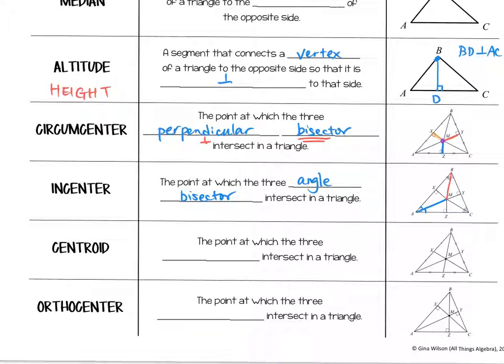That's cutting angle B in half. And CM, that's cutting angle C in half, right? So these three are angle bisectors, and they too meet at one point, and that point is called the incenter.